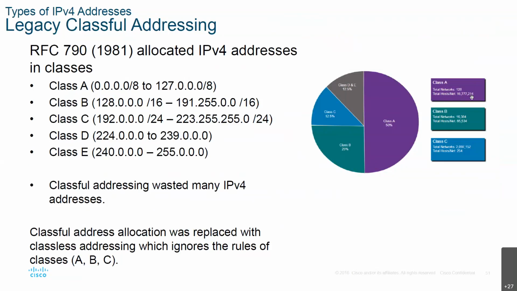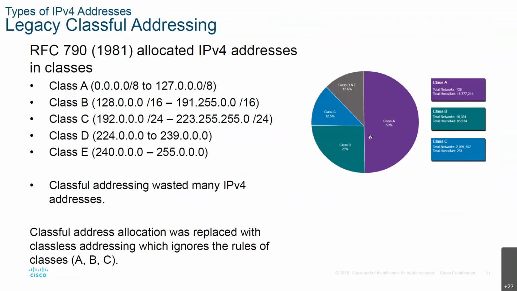Class B had this range, and per network you can have 65,000 hosts. You have Class C for smaller networks, where you have 254 devices.